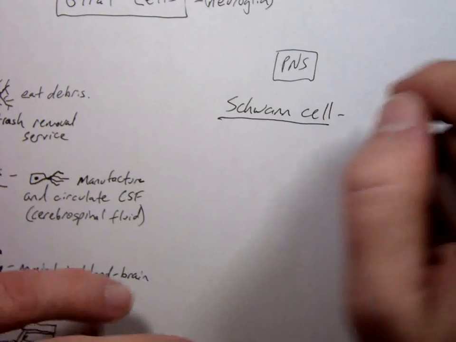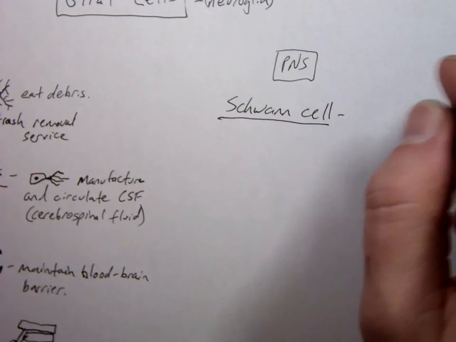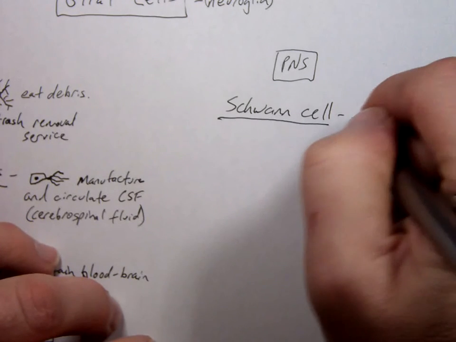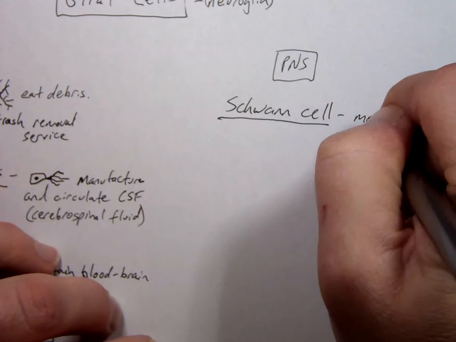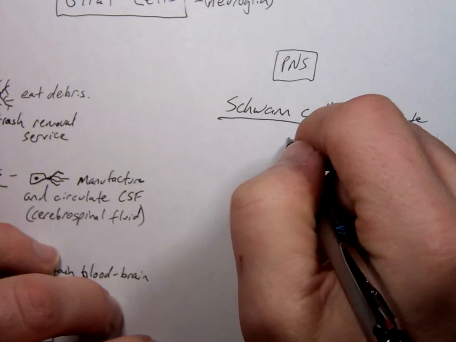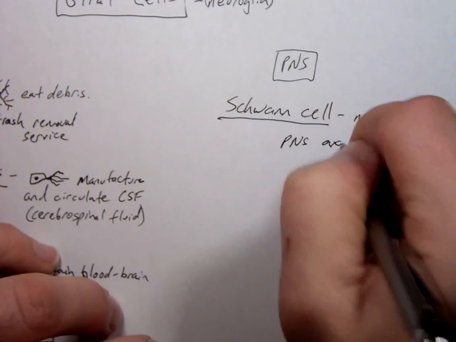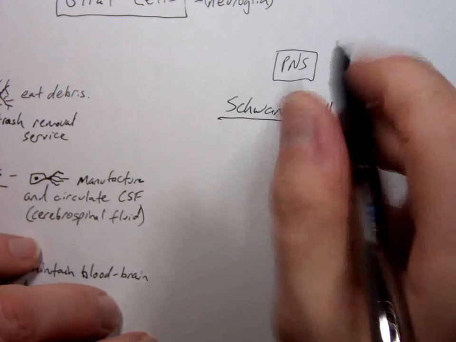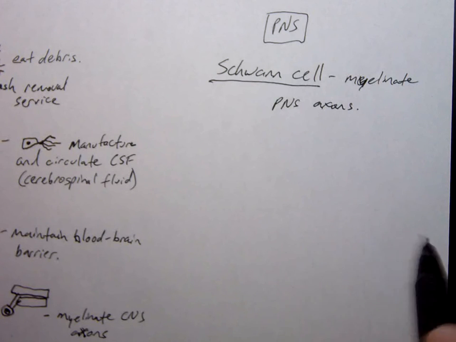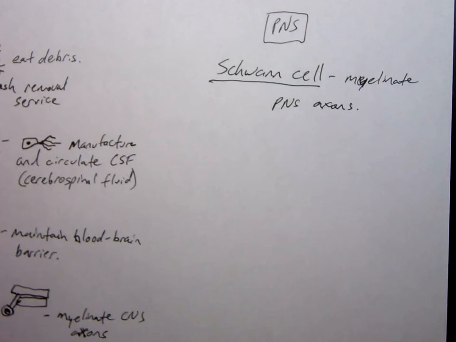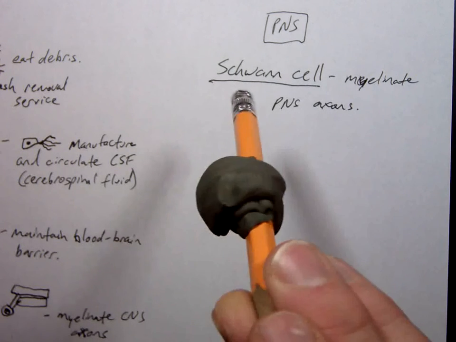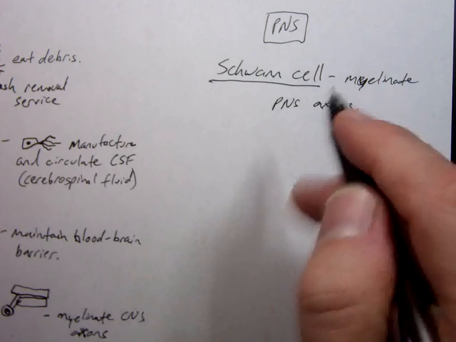Schwann cells, and you remember from our drawing on Thursday, their job is to myelinate PNS axons. And remember, it would wrap around the axon a number of different times, like I tried to illustrate with a pencil in class here. It wraps around a whole bunch of times to insulate those.